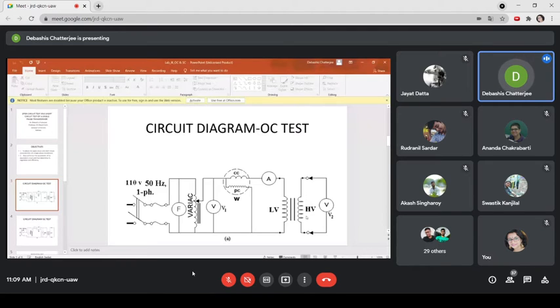So 125% of 500 volt is how much? 625 volt. Normally our supply is 230 volt, so we need another transformer to apply rated voltage or 125% of rated voltage to the high voltage winding.